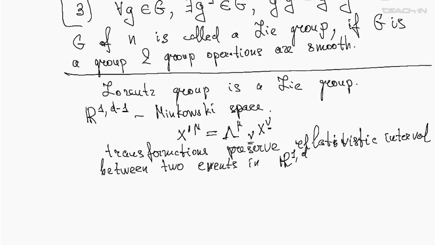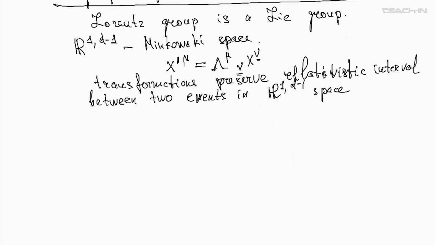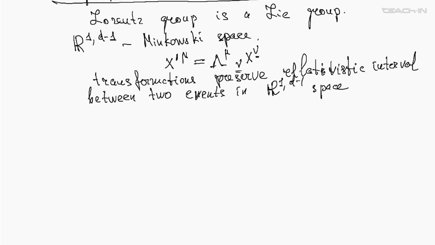Now, the infinitesimal relativistic interval ds is defined through a quadratic form, which you probably know from the course on special relativity. So eta_{mu nu} is the Minkowski metric, and eta_{mu nu} dx^mu dx^nu is the infinitesimal interval.